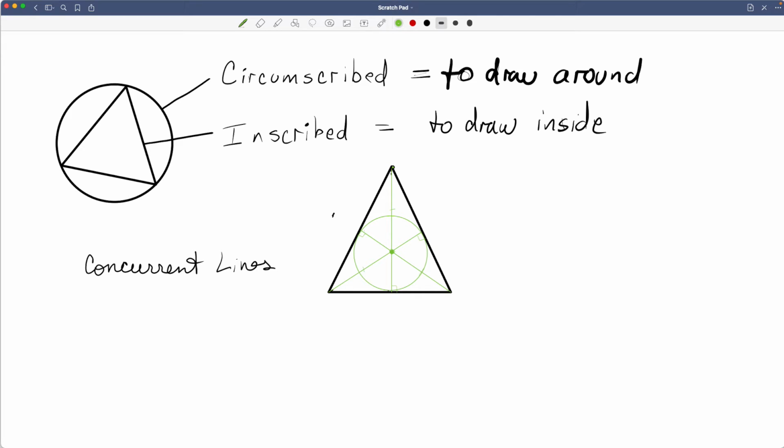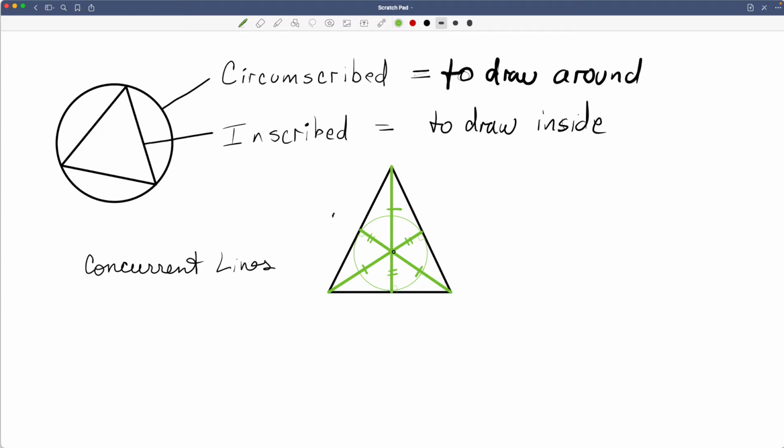If you draw a line from each angle, bisecting that angle to where it's perpendicular to the base across from the angle, if you do that, then what happens is you get a center point that makes all of these lines here congruent, and then all of these lines congruent.